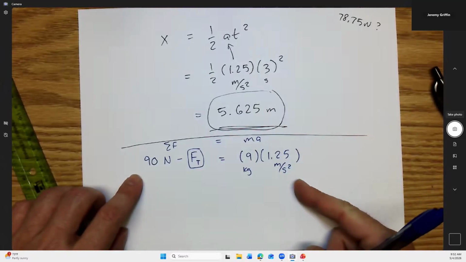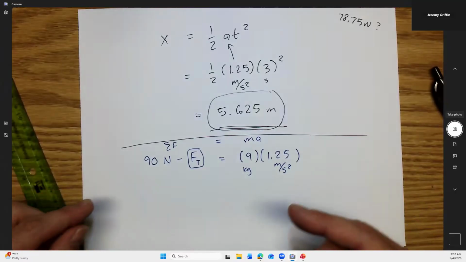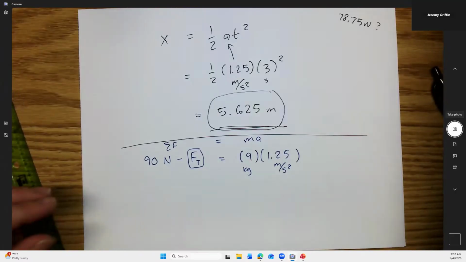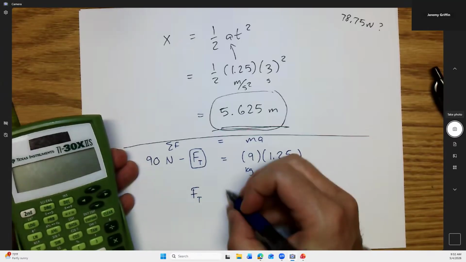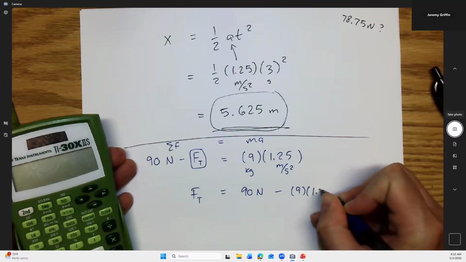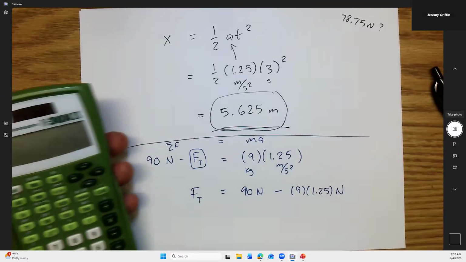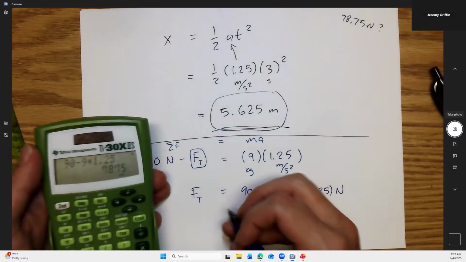So it's just F equals ma applied to a single block. If I shuffle this over, the tension is 90 newtons minus 9 times 1.25 newtons.